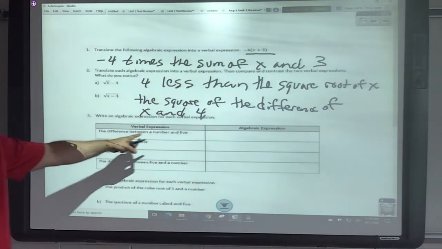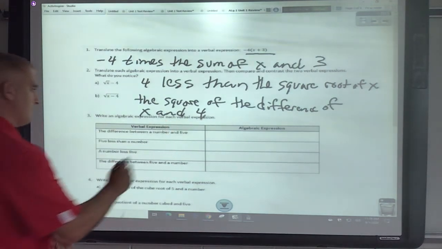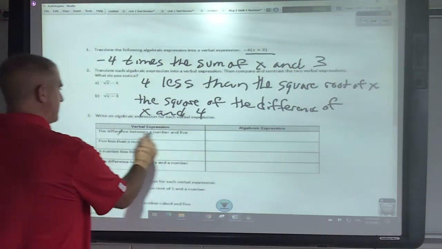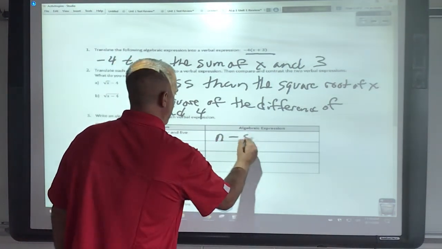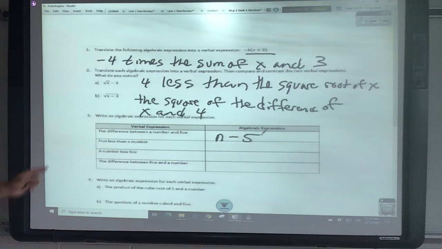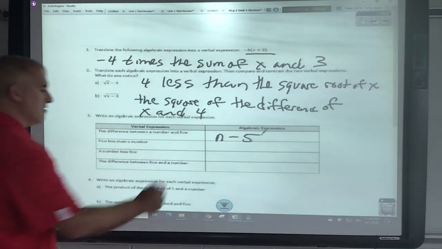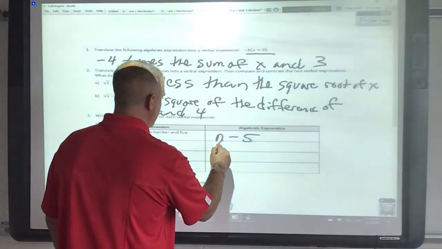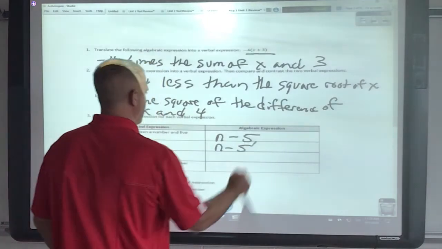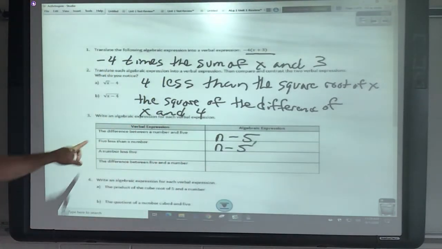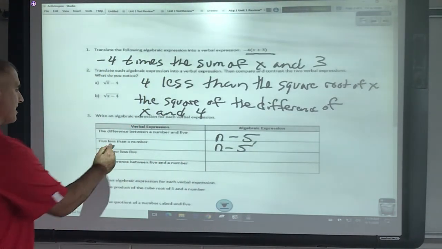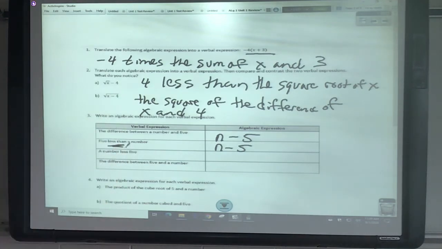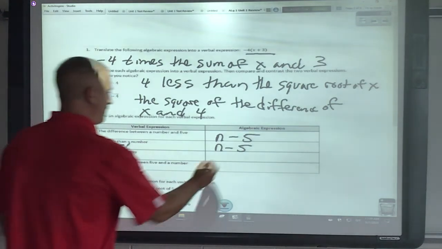Okay, the difference between a number and 5. What that would be is n minus 5. If it would have said, like this one says, 5 less than a number, okay, that goes that way. Even though the 5's first, the less than is like the more than, it flips around. A number less 5.